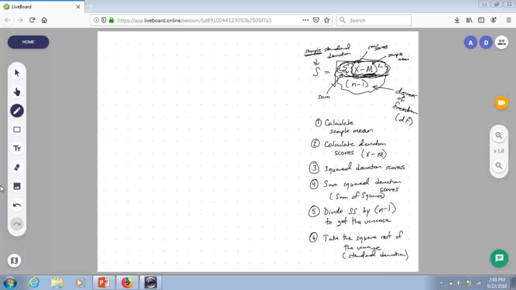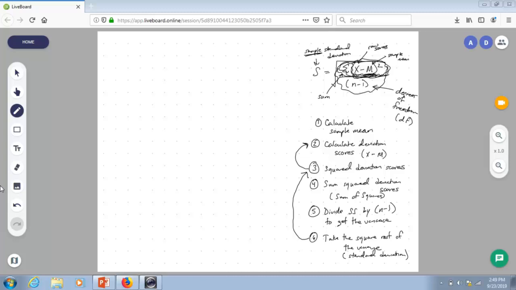So when we take the square root of the variance, we are undoing what we did here. And the reason why we did what we did at step 3 was to overcome the difficulty that we found ourselves in at step 2. Okay.